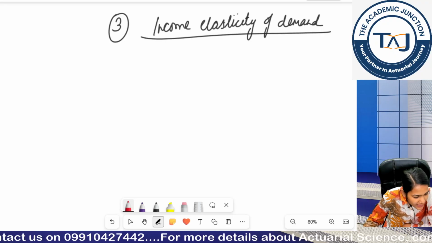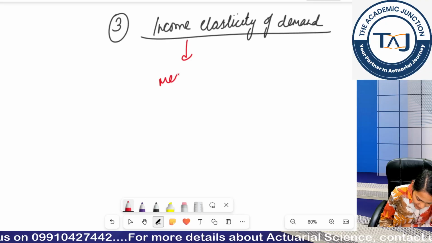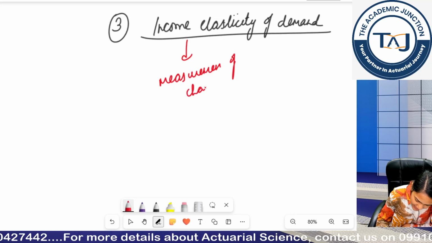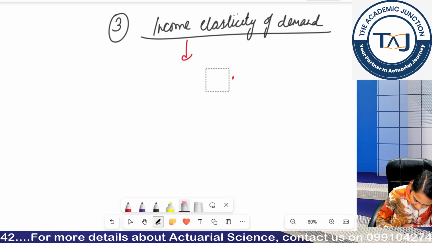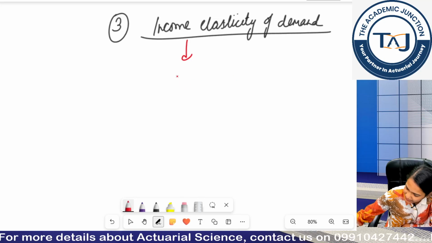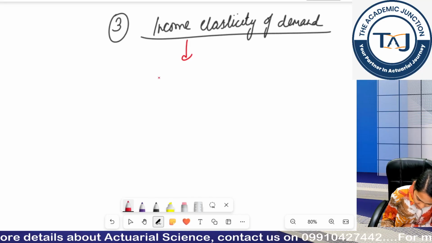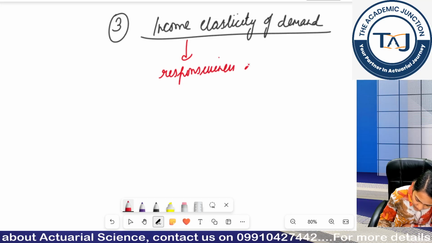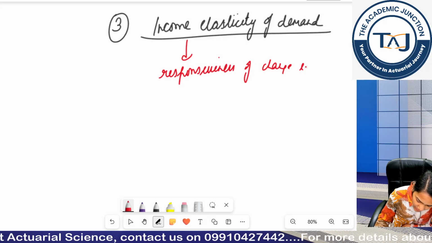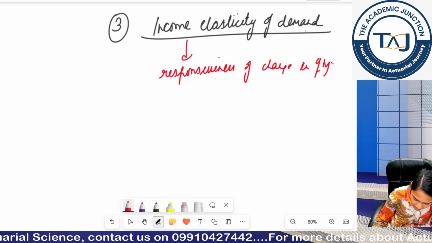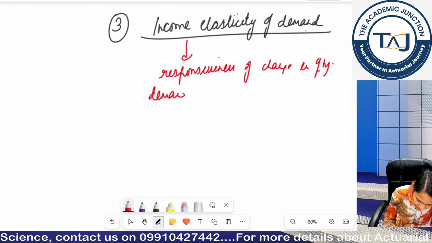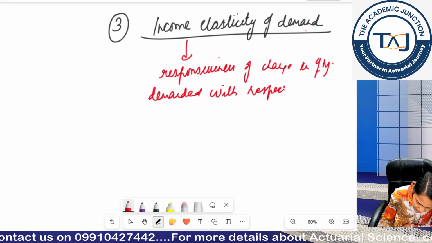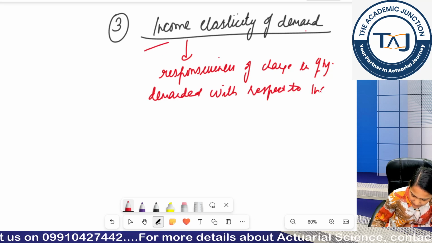So income elasticity is the measurement of responsiveness of change in quantity demanded, obviously, but this time with respect to income.